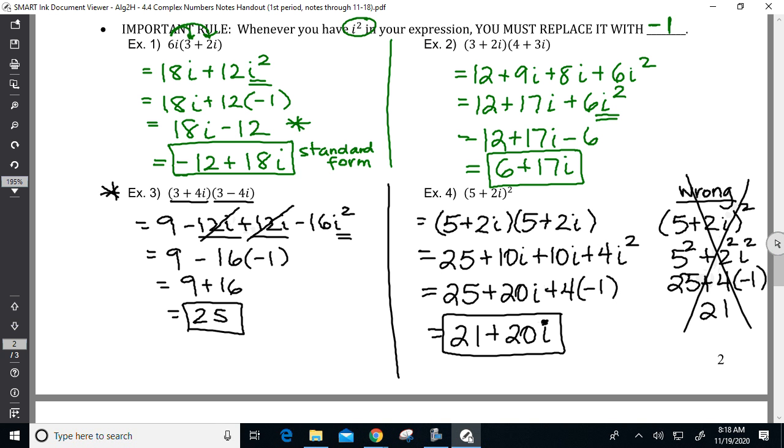Again, do not write the i first. That's technically not in standard form. It will get marked wrong. So, any questions on multiplying before we continue?